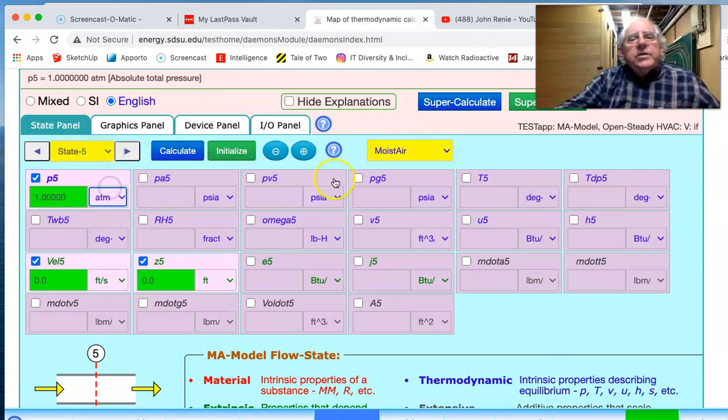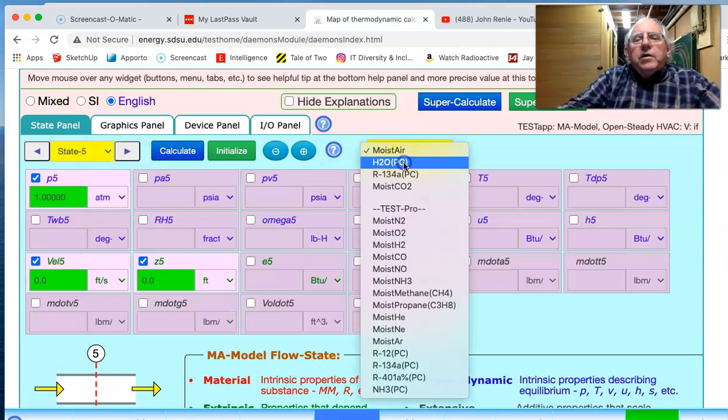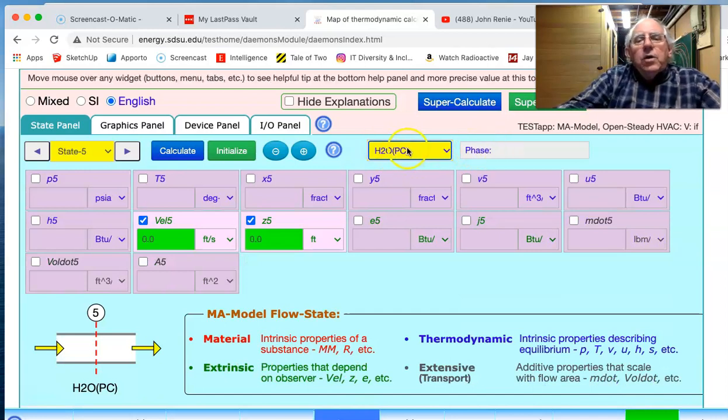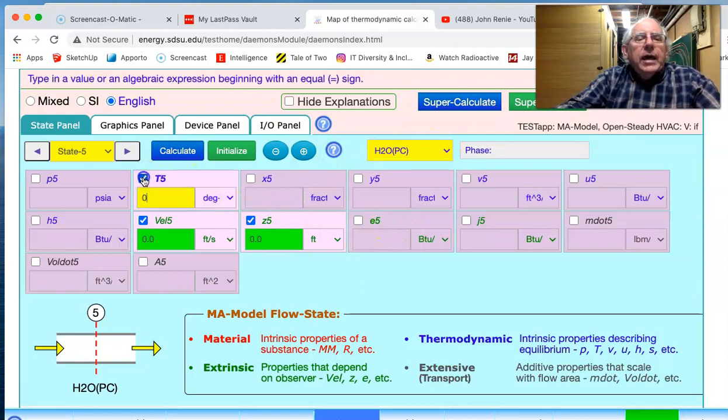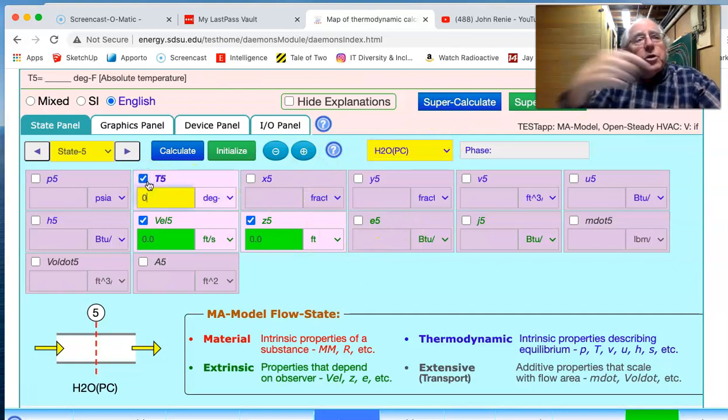And the fifth state is going to be the state of the condensate. And so I select states 5. I select the fact that it's water as a phase change substance. And I'm going to go ahead and say that the temperature of that water coming out is at the temperature of the exit stream.